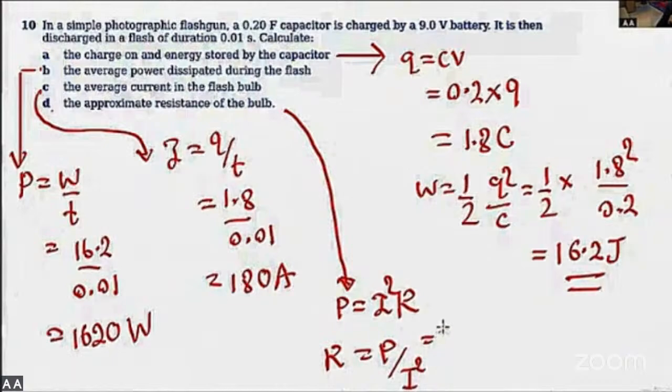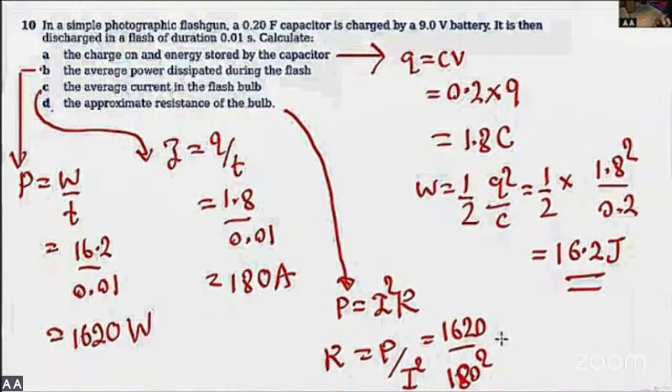We already found that P is 1620, and I squared means 180 squared. So the resistance is 0.05 ohm.